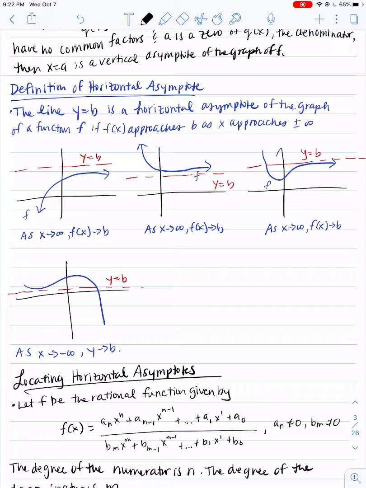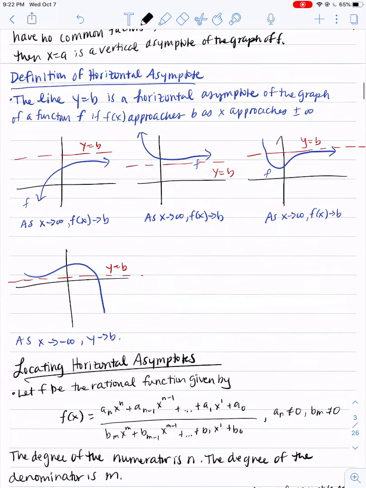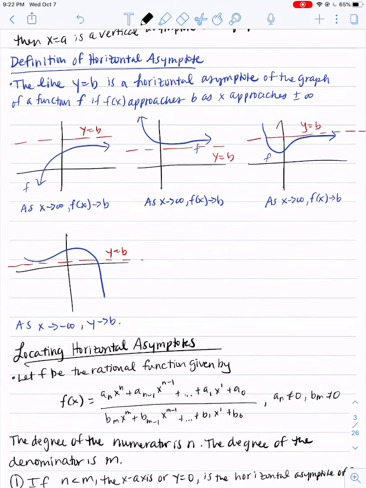So the definition of a horizontal asymptote is the line y equals b of the graph of the function if f of x approaches b as x approaches positive or negative infinity. So we have here different depictions of our horizontal asymptote. The difference with horizontal asymptotes is that you actually could cross them at some point, which is depicted by this graph here.